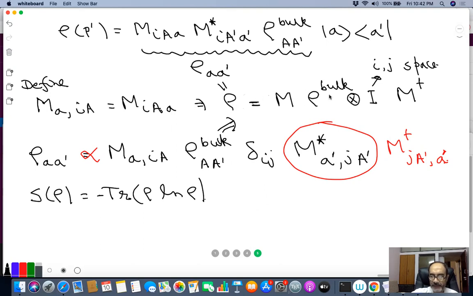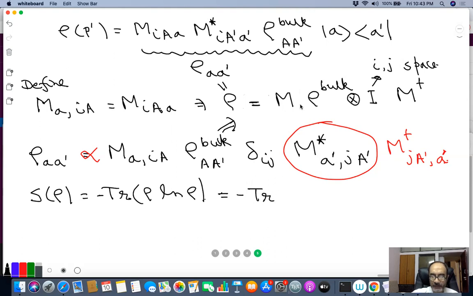M times this times M dagger, then again M times this times M dagger. In the middle, all the M dagger M will become identity. And the last M dagger we can bring to the front and set M dagger M equal to identity. So for any function of rho, we can do this.